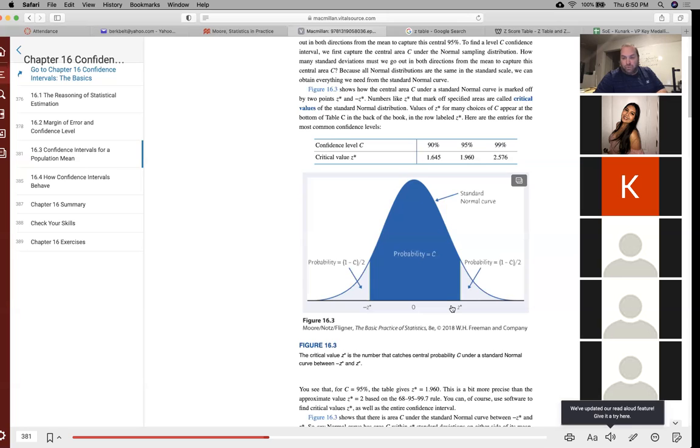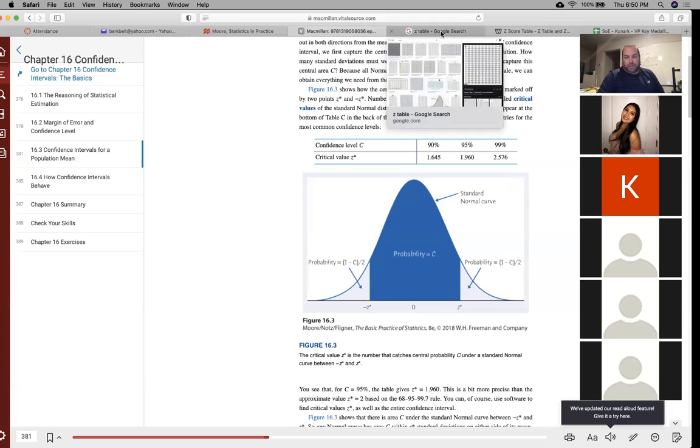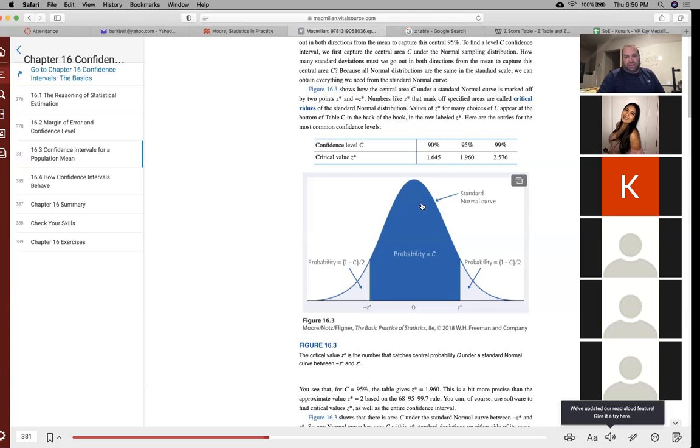Can I ask a question? Yeah, go ahead. If the confidence level isn't either 95, 99, or 90, say if it was 93, would we have to look it up on the z table? Yes, that's right. If it was 90 exactly, then that would be the number. But if it was 93%, that would mean that I have 7% left over, which means I have 3.5% here.